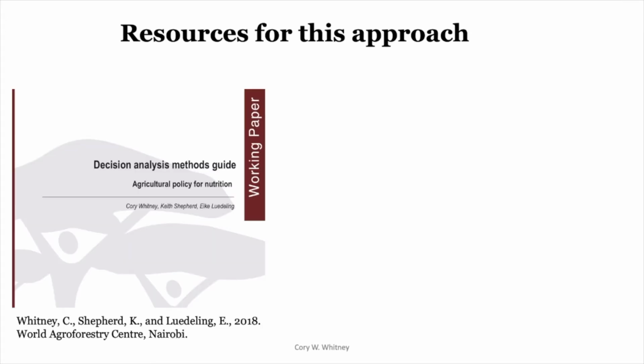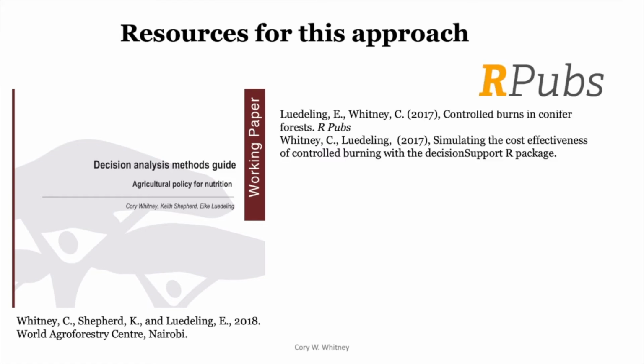Some resources for these approaches that I've discussed. There's a methods guide that we wrote for the World Agroforestry Center in 2018. There's also, if you want to learn more about this R package, we've written a vignette, so a little process whereby you can follow the code and look at our process and see how to run it.